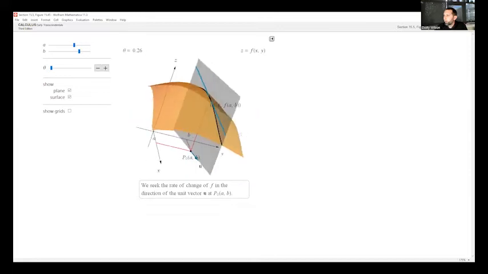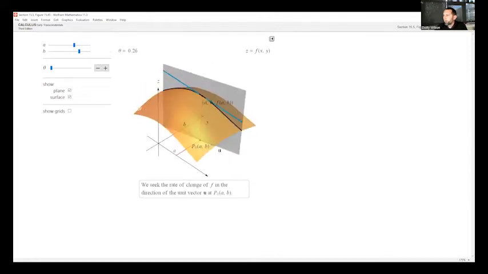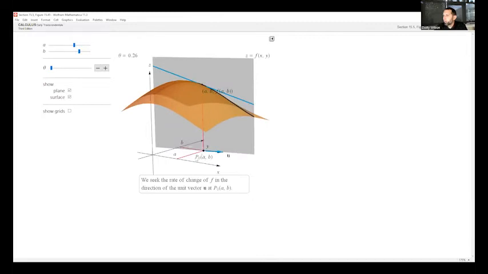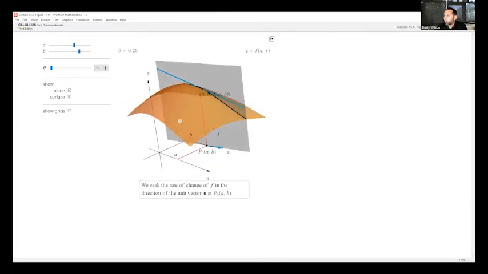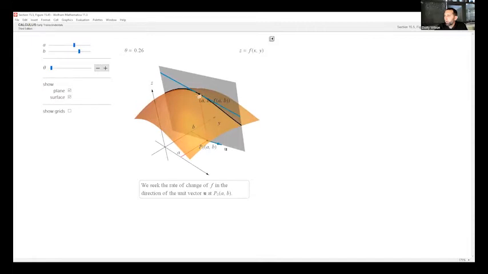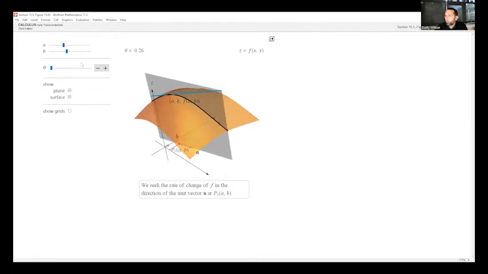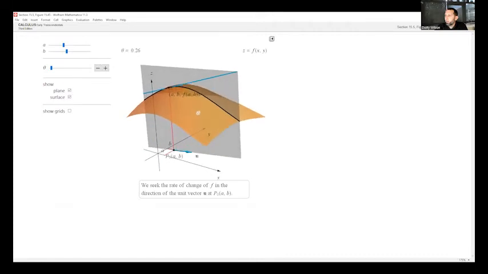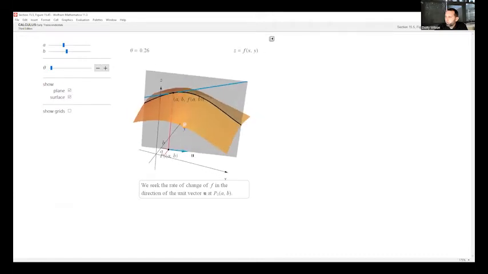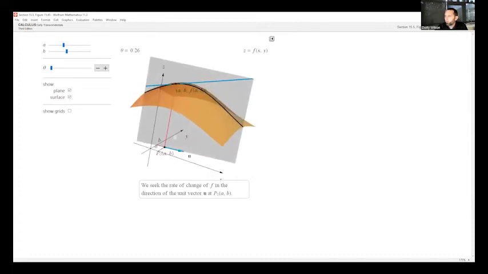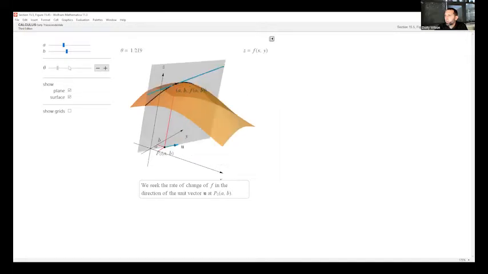What I'd like to point out is that we have our point below, is our point a, b, and that point translates to a point along the surface, and different points a, b will give me kind of different lines, and then we can have a vector u that is on the xy plane. So here it is on the xy plane, that's this blue vector. And that vector u is somewhat arbitrary, right? We could change its direction.